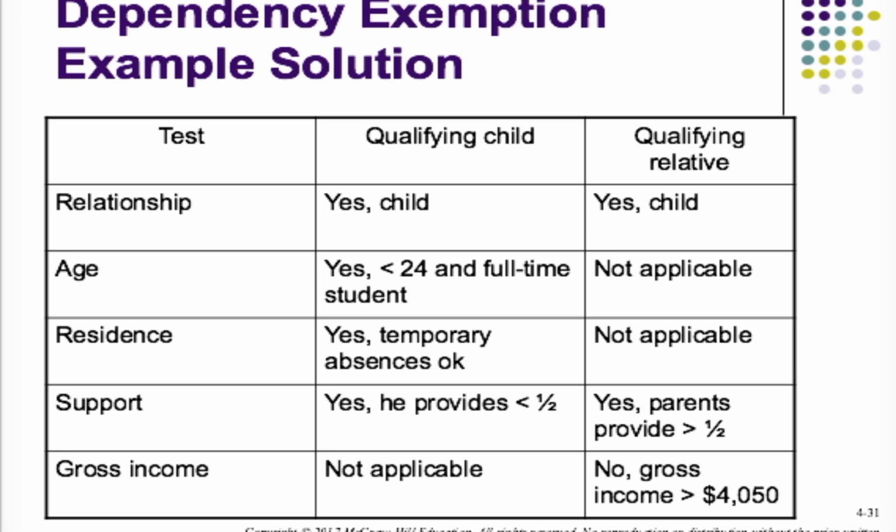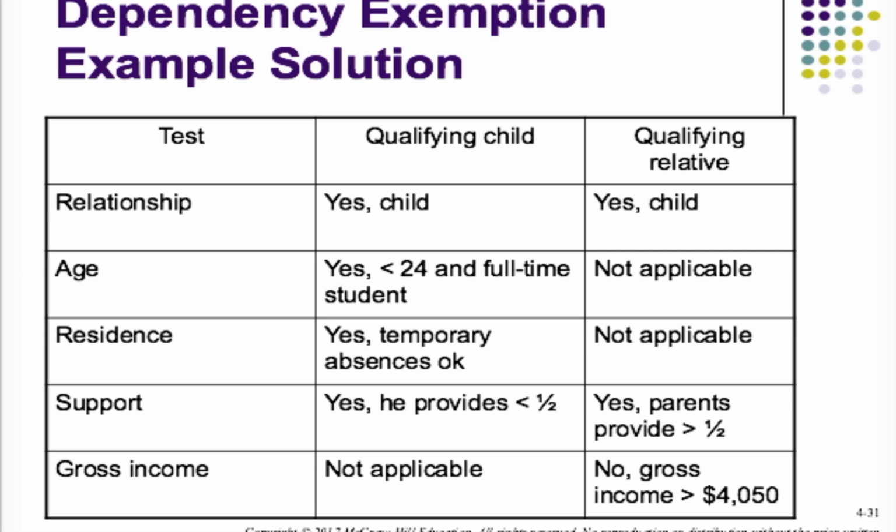We're looking at both the tests here, qualifying child and qualifying relative. Okay. So, does John qualify under the qualifying child test? Under qualifying child, relationship, yes. Age, yes. Residence, yes. Support, yes.